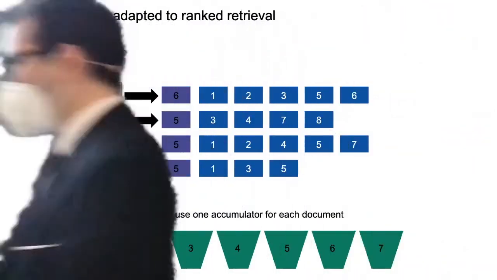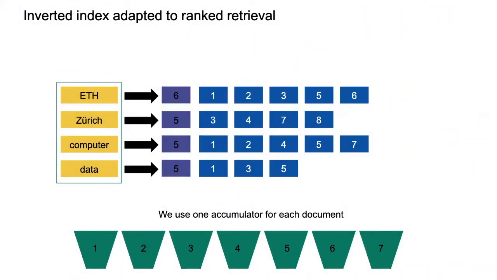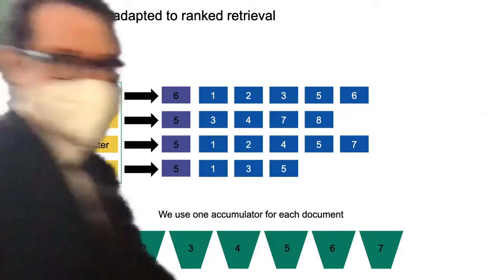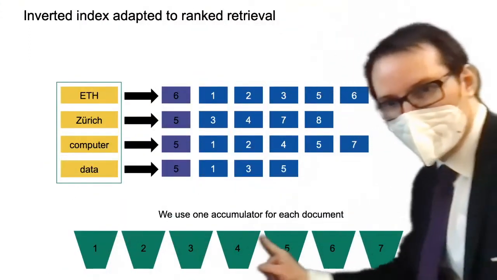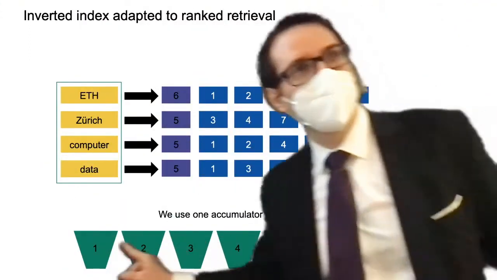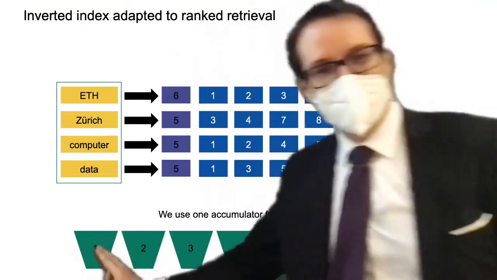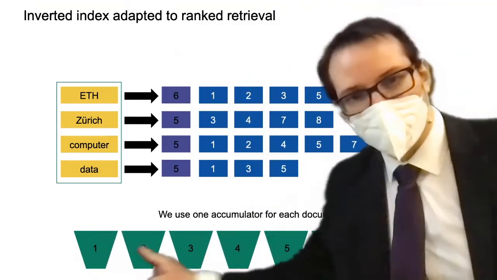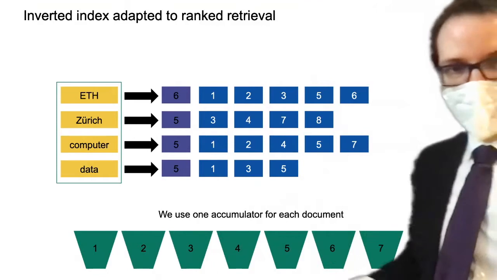So now we adapt the structure. So we have put the TFs in the postings, the IDFs in the purple boxes, and the TF-IDFs for the query somewhere else. So now here's what's going to happen. These little green boxes that I put there, these things here, are called accumulators. There is one for every document, document 1, document 2, document 3, and so on.